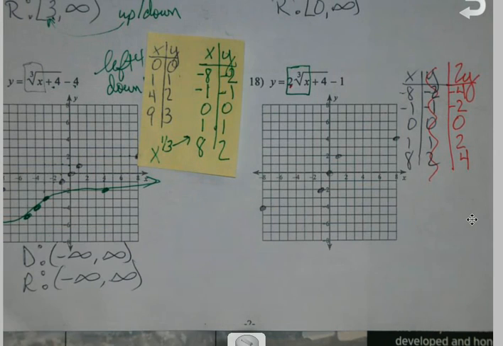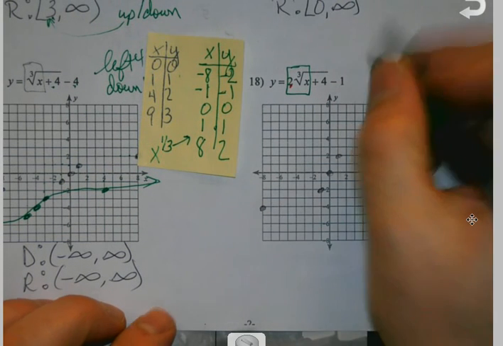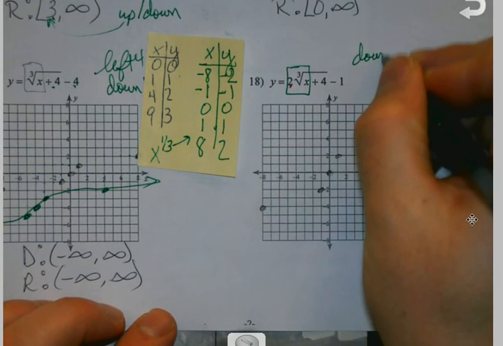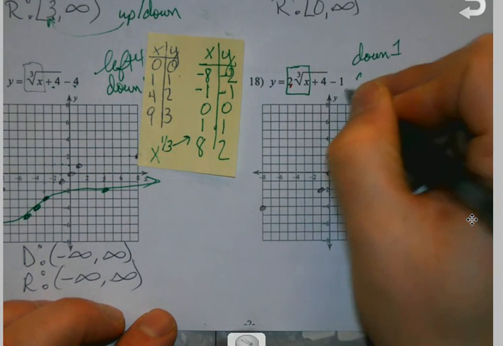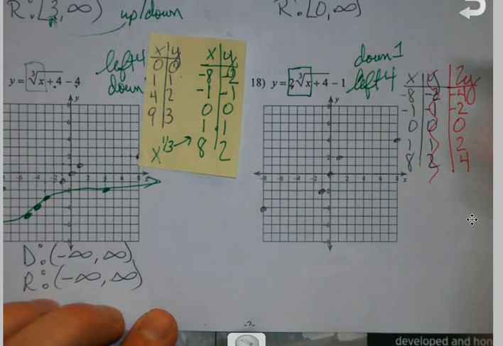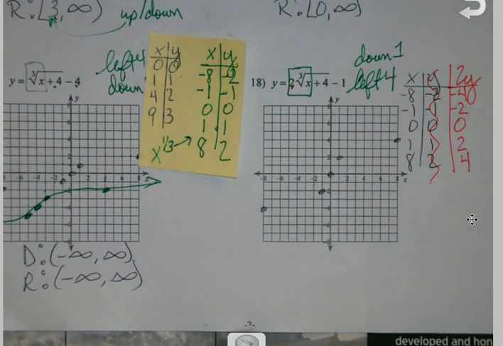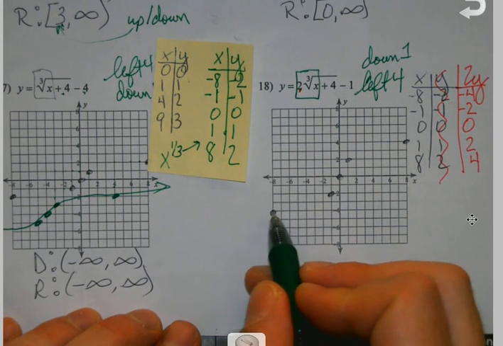So you can see how it kind of stretches a little more than it did on the last one. Okay, so we're going to go down 1 and left 4. So we're going to have another funky point working. Another off the chart here.